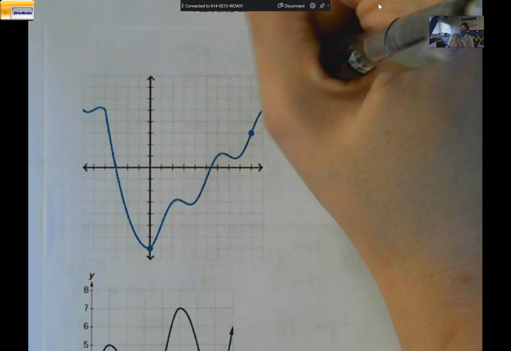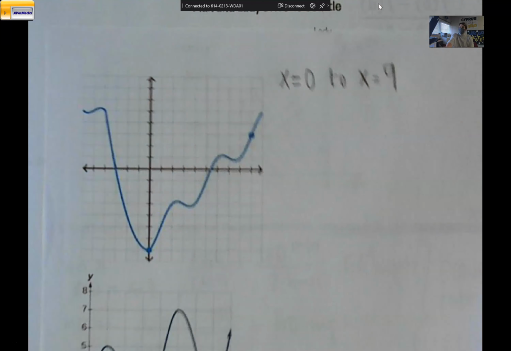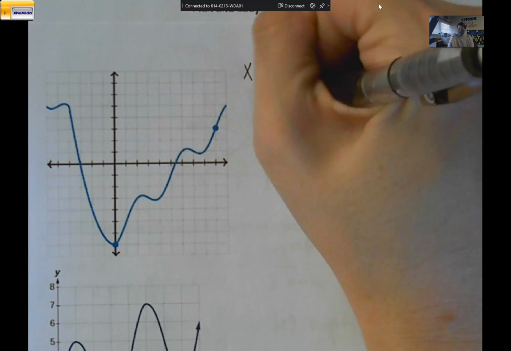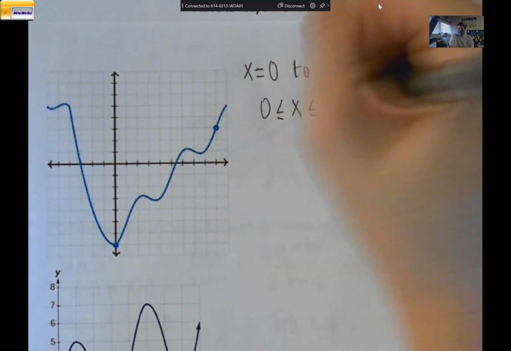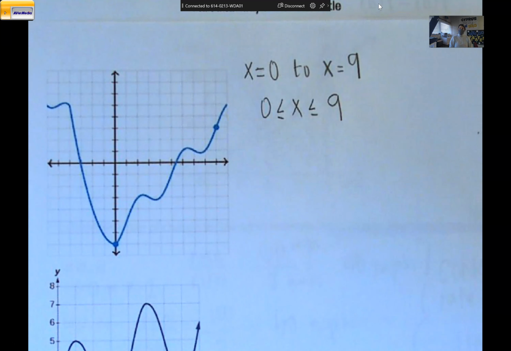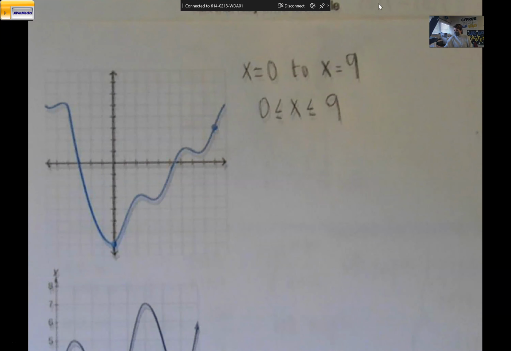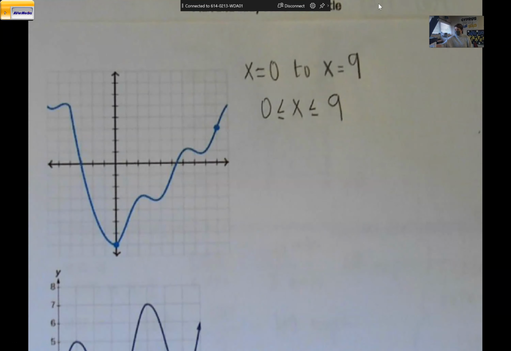And I'm going to write that one other way just so you know how they might say it on the quiz. This is the same as this inequality. Does that make a little bit of sense? Yes? Okay, so I'm going to use like a C card that I have laying around.